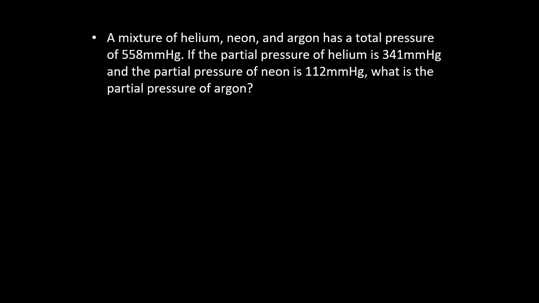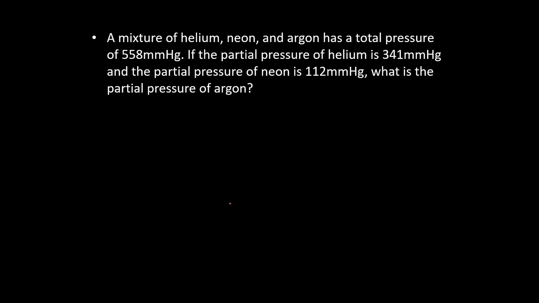So for example here, and actually let's do the second example here first, because it's actually a little bit easier. A mixture of helium, neon, and argon has a total pressure of 558 millimeters of mercury.